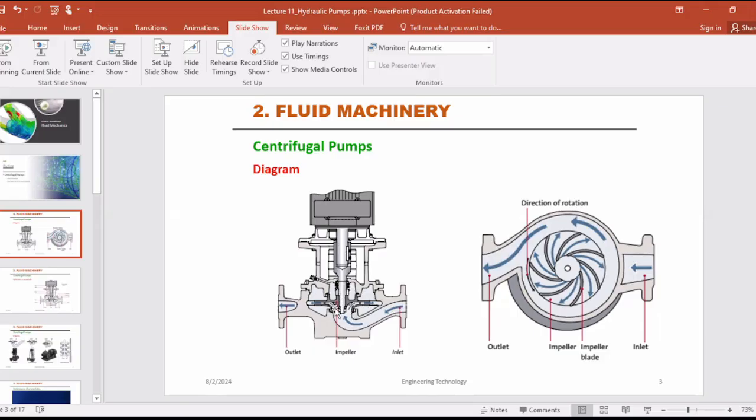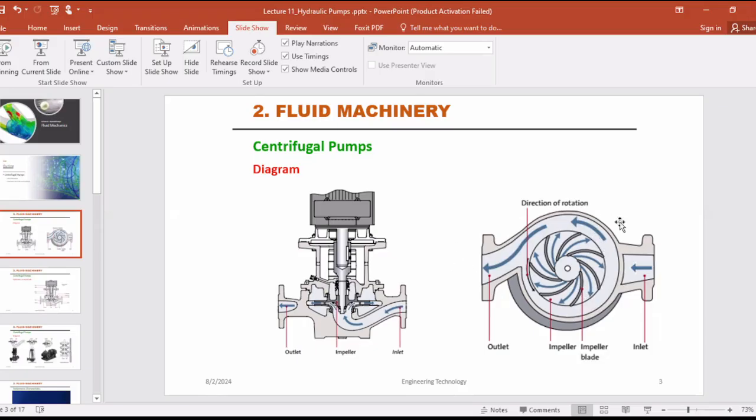Okay. This, yeah, this axis. Then after that the fluid goes through these impeller blades, and according to this impeller cover, this spiral cover, the fluid goes through this path.